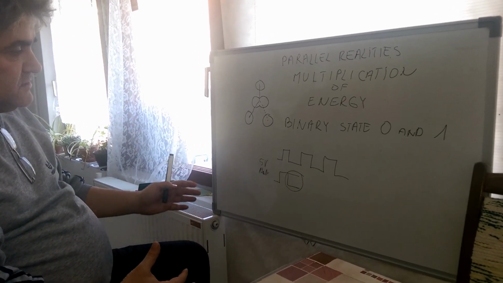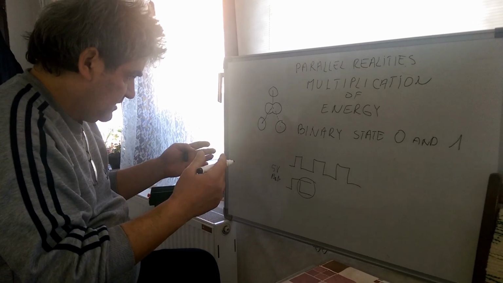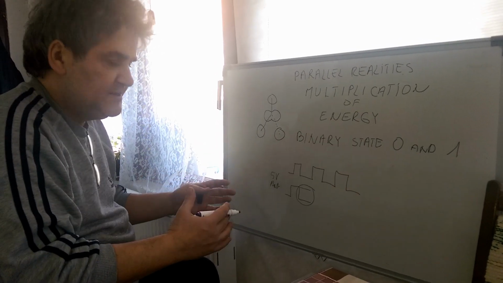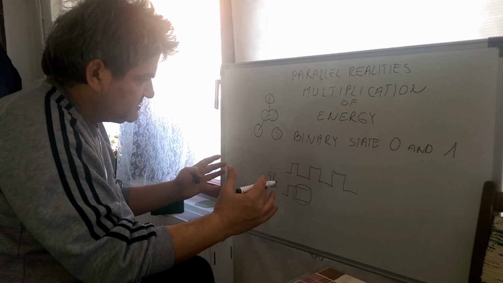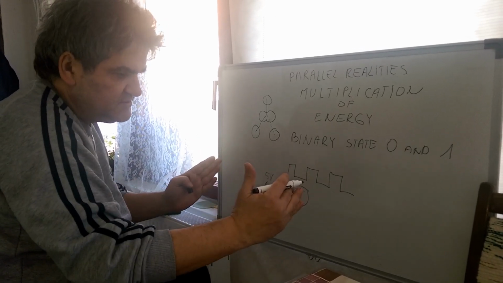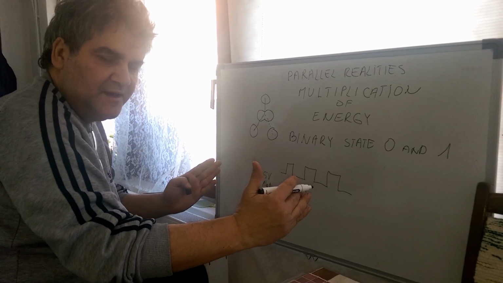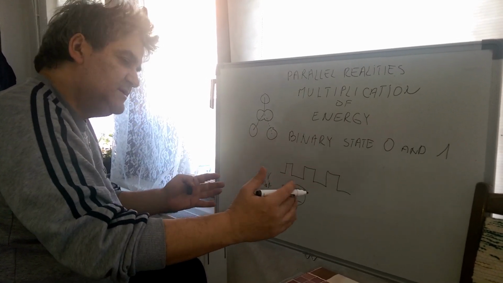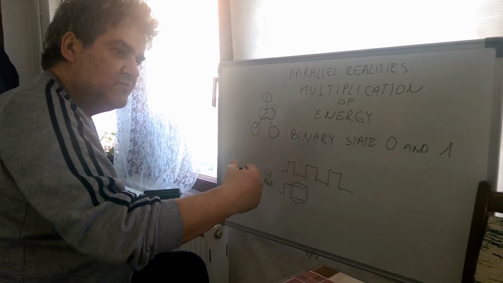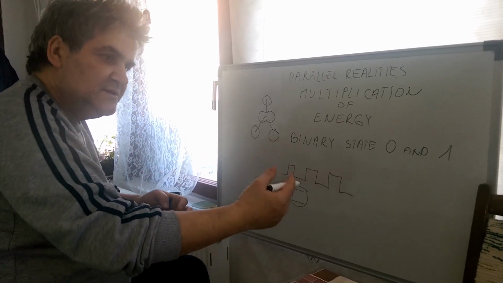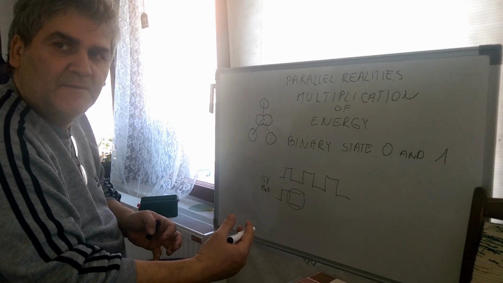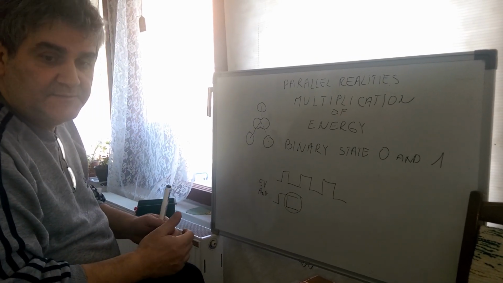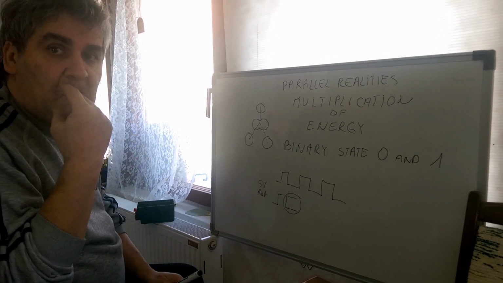But if you make it 500 volts and 1 amp with high energy and low frequency, with low frequency we will have a bigger time of state 0 and a chance to draw energy from the parallel reality into the reality which we remember. So that is a little more explanation about it.